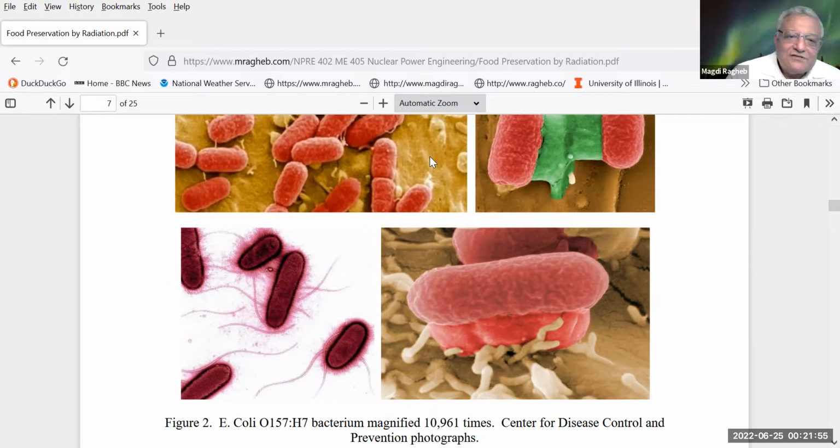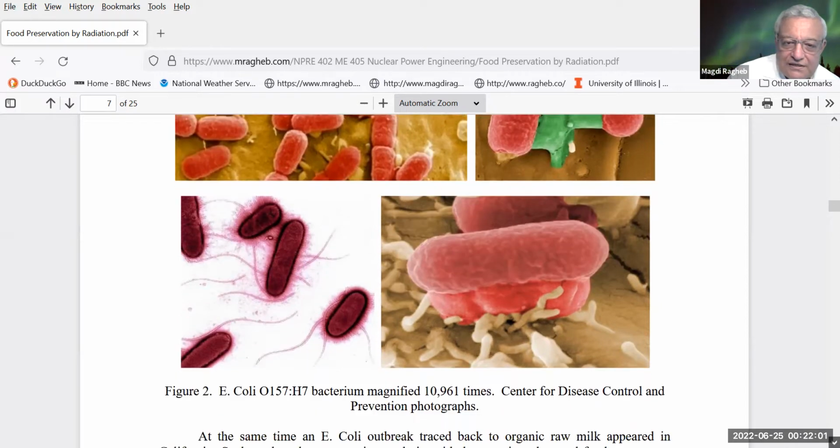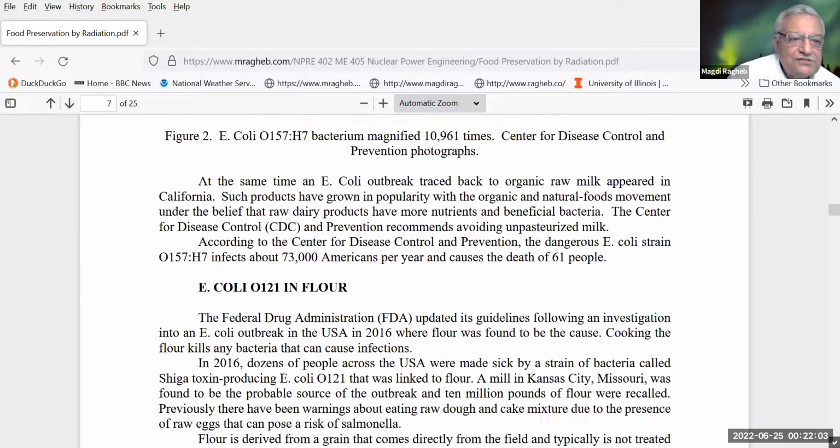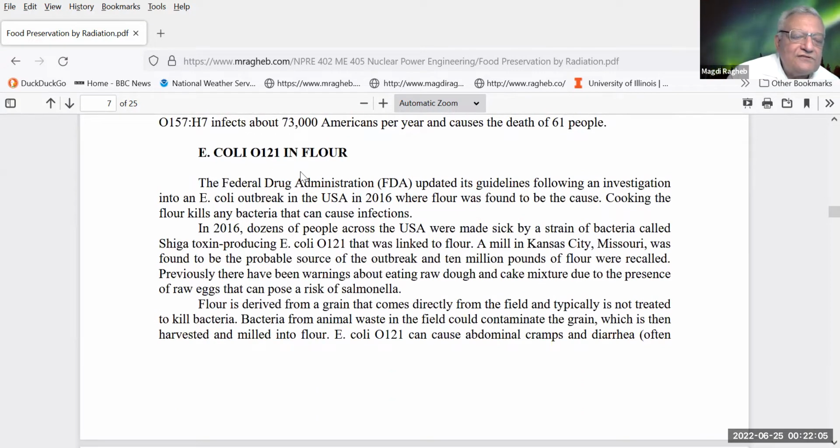How to protect ourselves? Well, cooking it, and the new technology which is now proposed, which is food irradiation in general. It can happen in flour. So if it happens in flour, then the E. coli infection, then of course your bread, the bread that you eat.